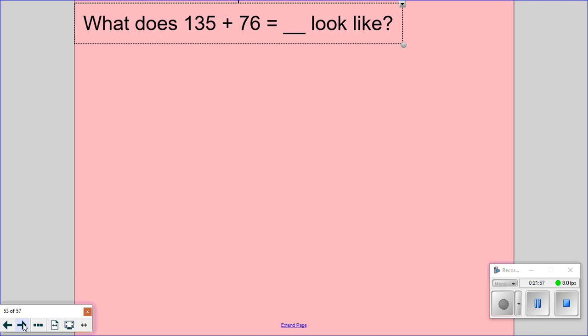We know numbers live where? Where do those numbers live? Gio? On a number line. Our numbers are living on a number line.